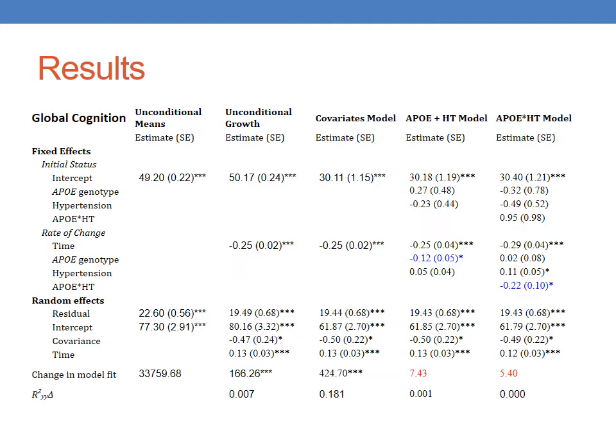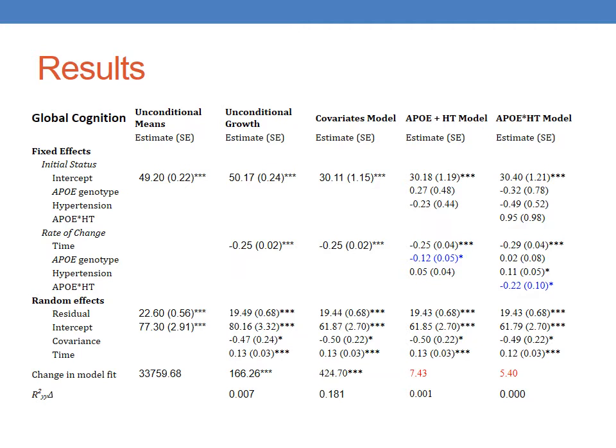In our next model we're introducing the ApoE and hypertension terms. You can see that when we do this, the ApoE E4 is associated with a further decline in global cognition scores over time. This is significant. However, when we look at the change in model fit, this has not been improved, and the amount of variance explained is only 0.1%.